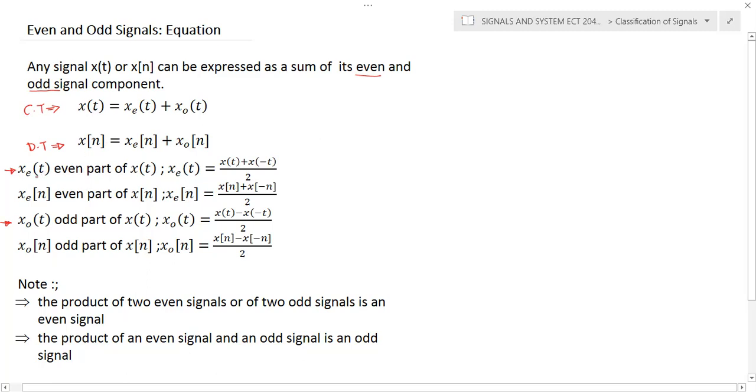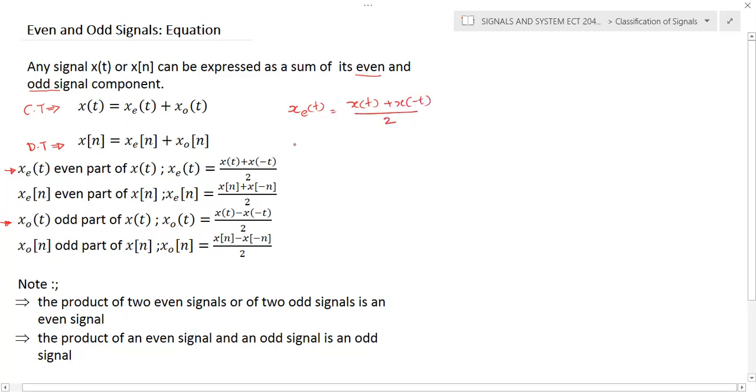By using this formula, you can find the even component of a signal. Even component means xe of t. xe of t can be calculated, if you know the signal x of t, by using the formula x of t plus x of minus t, divided by 2.